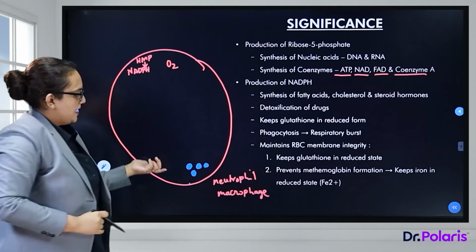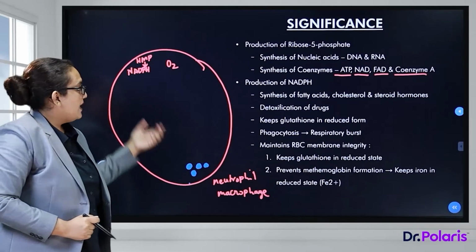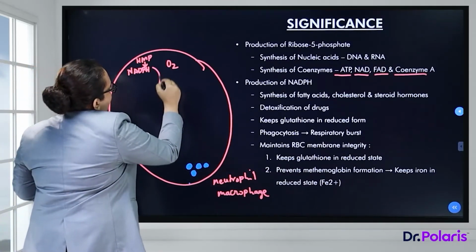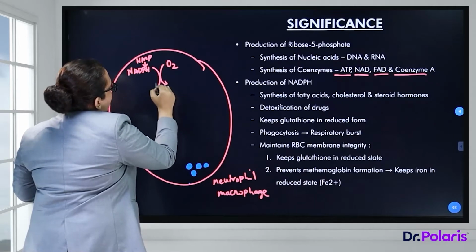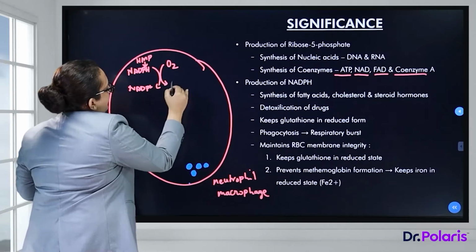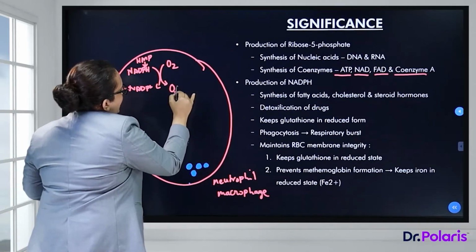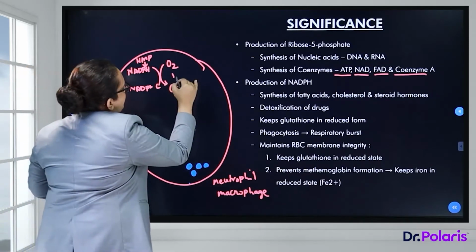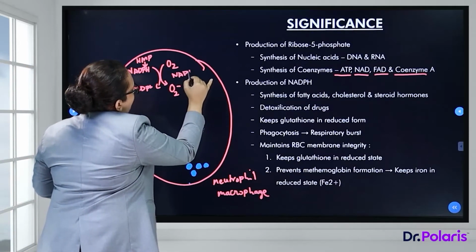This is another cell or tissue where NADPH is synthesized. So NADPH reacts with oxygen and forms a free radical known as superoxide. The enzyme system involved is NADPH oxidase.